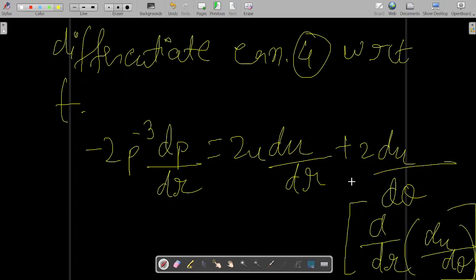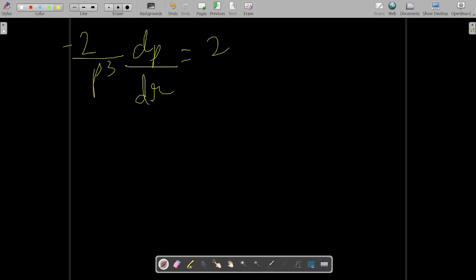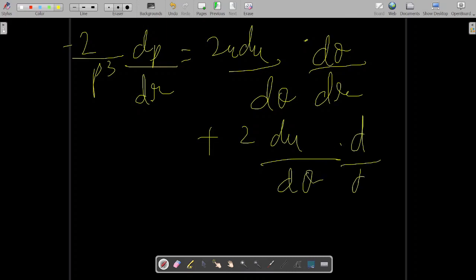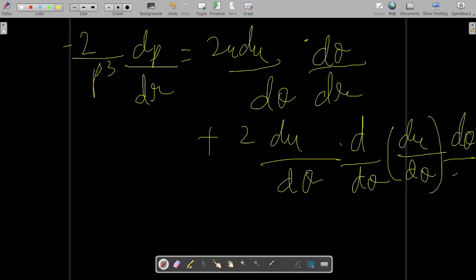Then again, minus 2 by p cube dp by dr is equal to 2u du by d theta by dr plus 2 du by d theta times d by d theta of du by d theta by dr, by chain rule of differentiation, right?